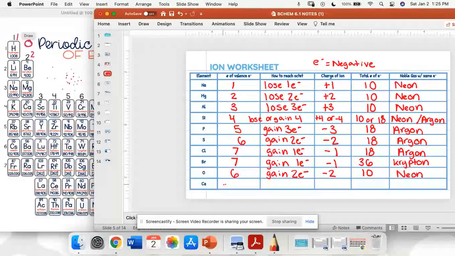All right, last one, calcium. So calcium, which I don't even have to click over, is over here, number 20, and it has 2 valence electrons. So calcium can either gain 6 to get to 8, or it can just give up its 2. And the easier of those two is to lose 2 electrons. Now, if it's losing 2 negatively charged things, it will have a +2 charge.